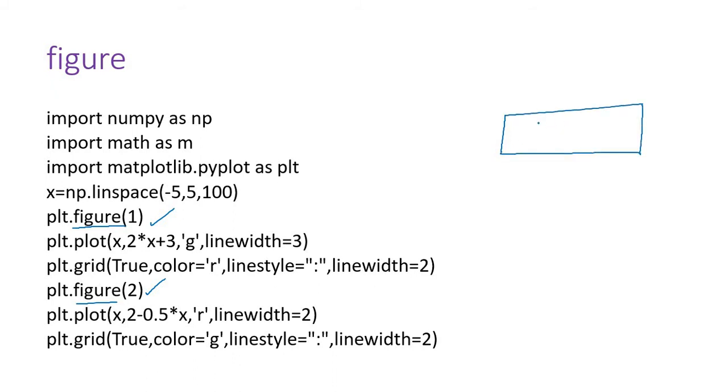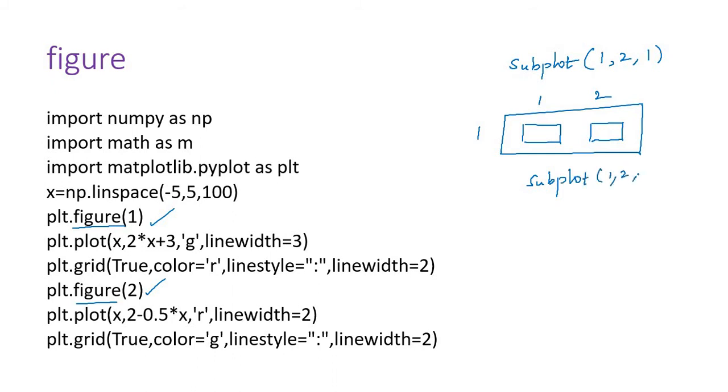I want something like this. Here I need the cosine signal, here I need a sine signal. So you can go for subplots. Again, this is similar to MATLAB. It's something like you are dividing the figure window into 1 row and 2 columns. So the first input is 1 row, 2 columns. In that first figure is cosine. Similarly subplot 1 comma 2 comma 2.